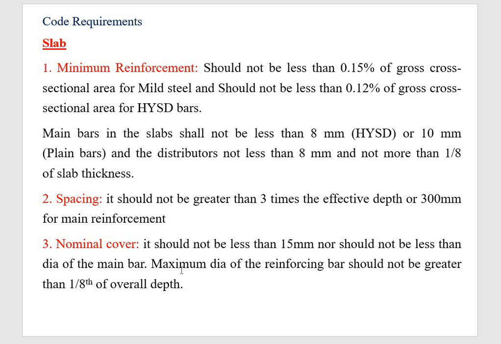Then the maximum dia of the reinforcing bar should not be greater than 1 by 8 of the overall depth. For nominal cover, up to 25 mm is allowable in a slab. Don't give more than that. Okay, this is all about the slab.